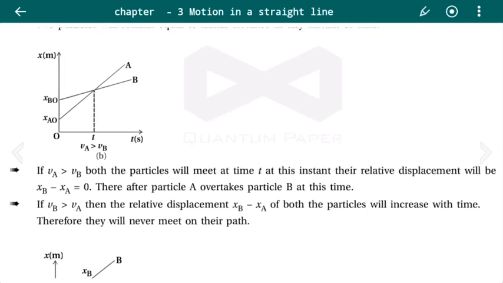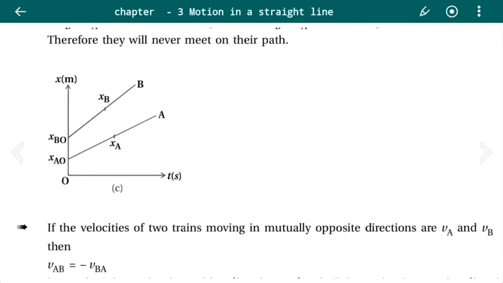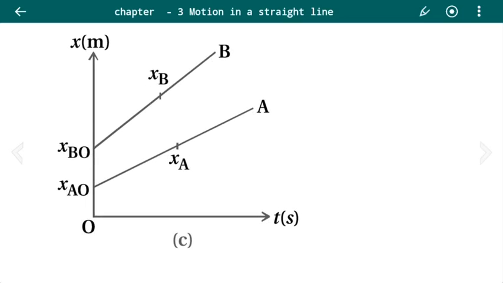That is, if we take the other case, that is vb greater than va, as you can see in this figure, xao is the position of particle A at t equals to 0 and xbo is the position of particle B at t equals to 0.